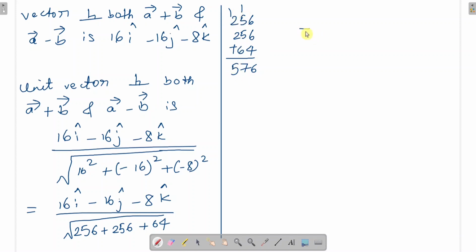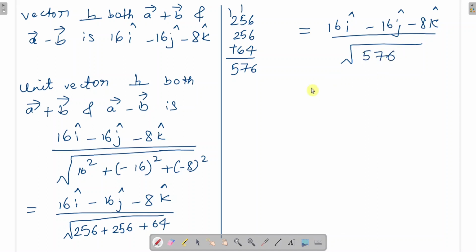Okay, so what we will get is 16 i cap minus 16 j cap minus 8 k cap, the whole divided by root of 576. How to find?